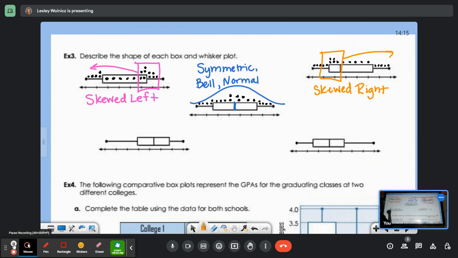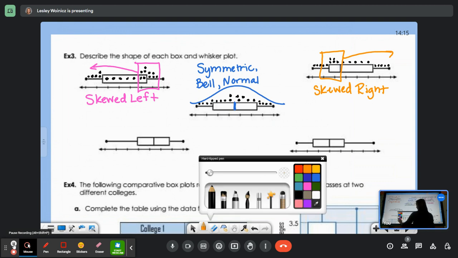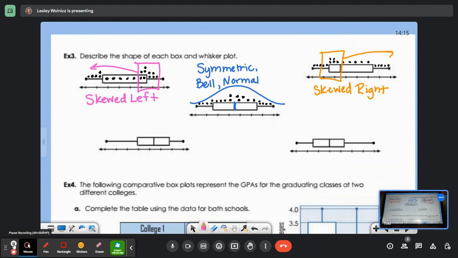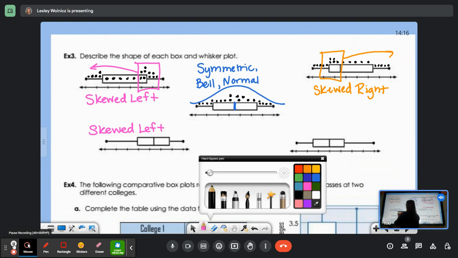Okay, bottom row. What about this one? What is this one? That is skewed left. Skewed left again. Good. All right. What about this one?